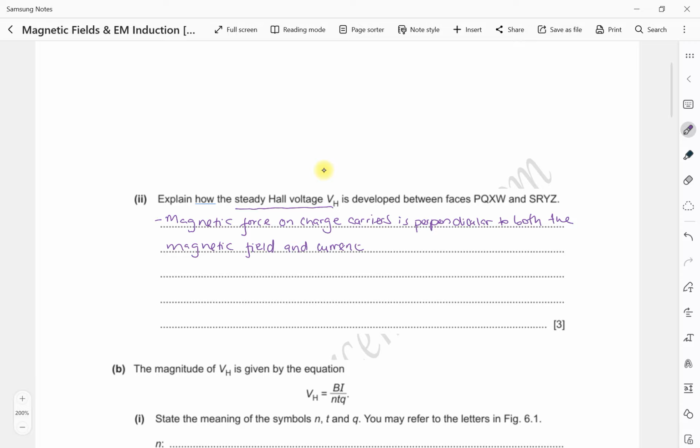When I say force is perpendicular to field and current, that is Fleming's left-hand rule.